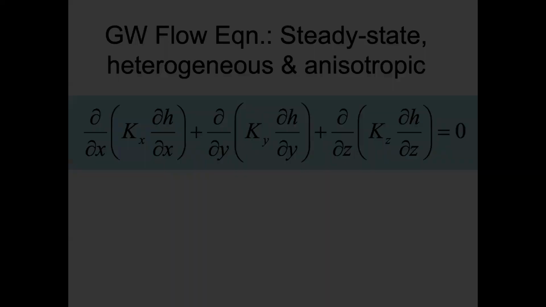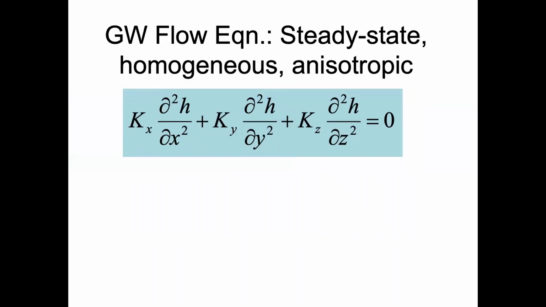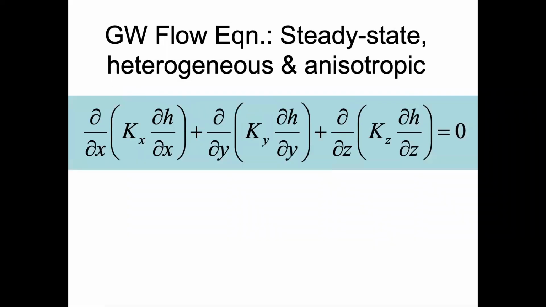So then finally, when we begin to think about these environments, we've now done homogeneous or heterogeneous, isotropic or anisotropic. Our final one is going to be, again, steady state. Here we are at 0 again, this time anisotropic.